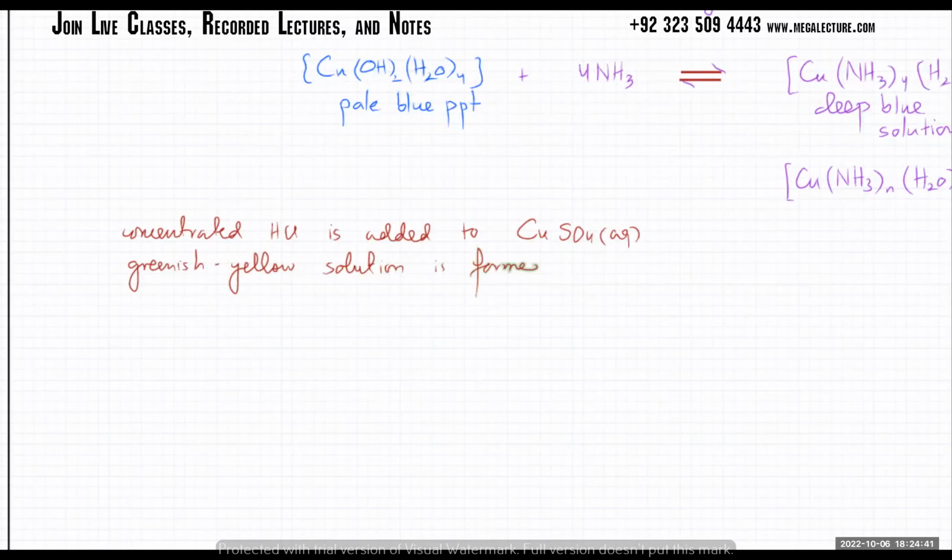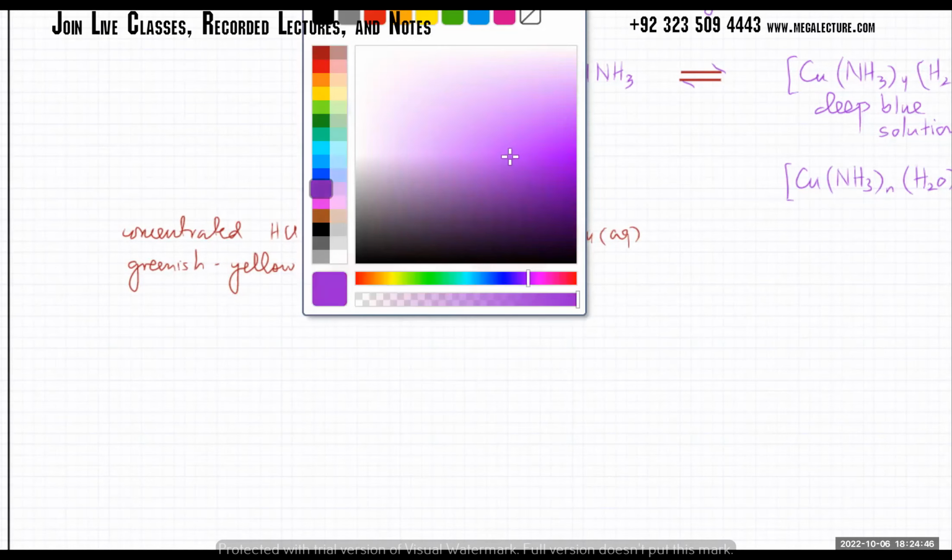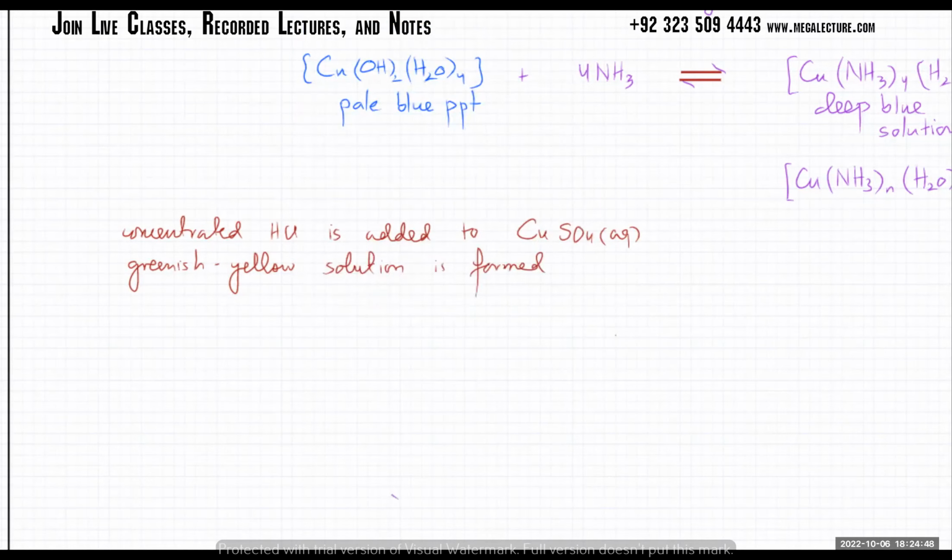So you have to explain this with the aid of an equation. The equation is going to be that you'll have Cu with 6 water molecules, and it's got a charge of +2.